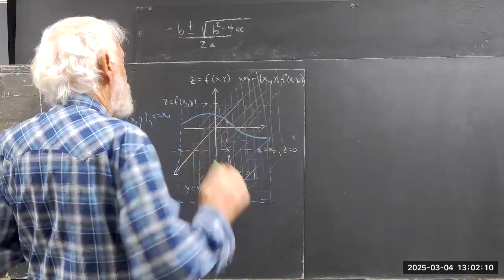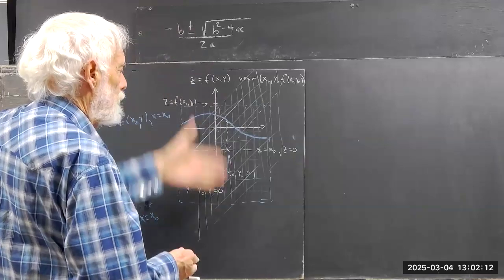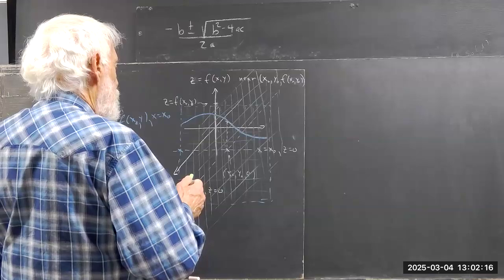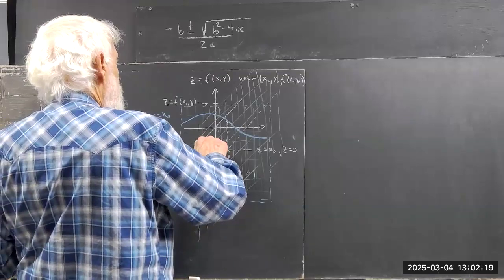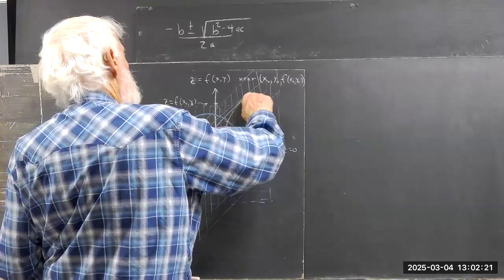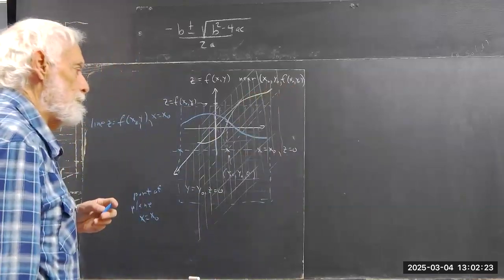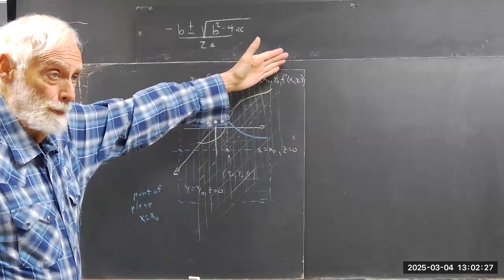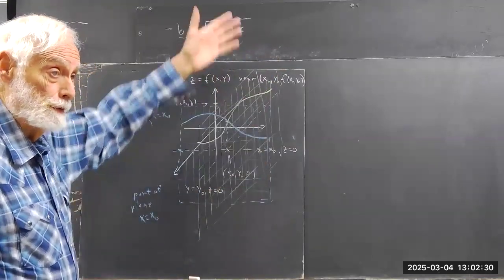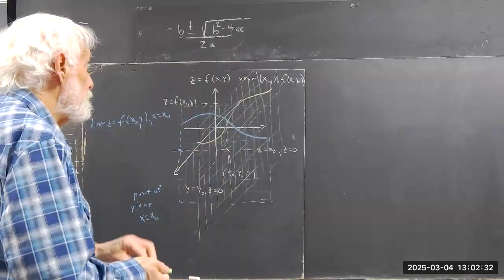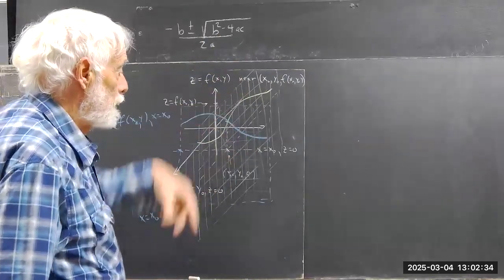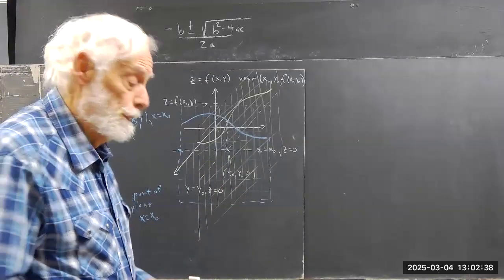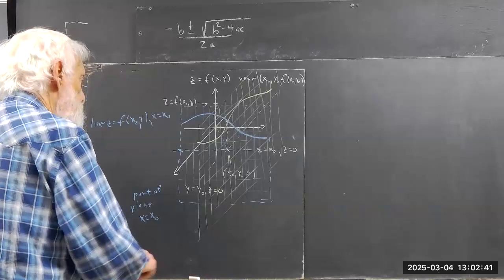So if I slice the function this way, maybe the graph does this here. Now this is in this direction, parallel to the x-axis, or the xz plane. So these two curves are crossing; they're perpendicular to one another.